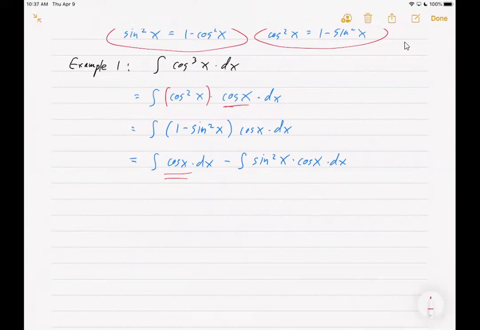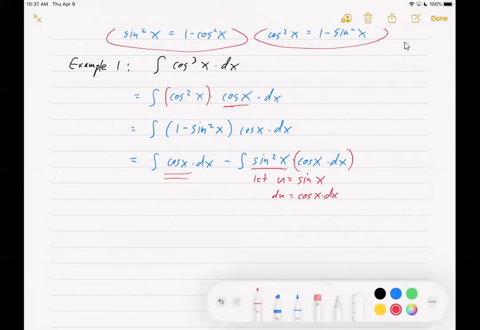The second problem is one that we just did, or it's very similar to one that we just did. So notice cosine of x is to the first power, so we're going to want to substitute for the sine of x. So du, I'm going to go right to cosine x dx. So we have du in that integral, and we'll have a u squared. So we can rewrite this whole thing.